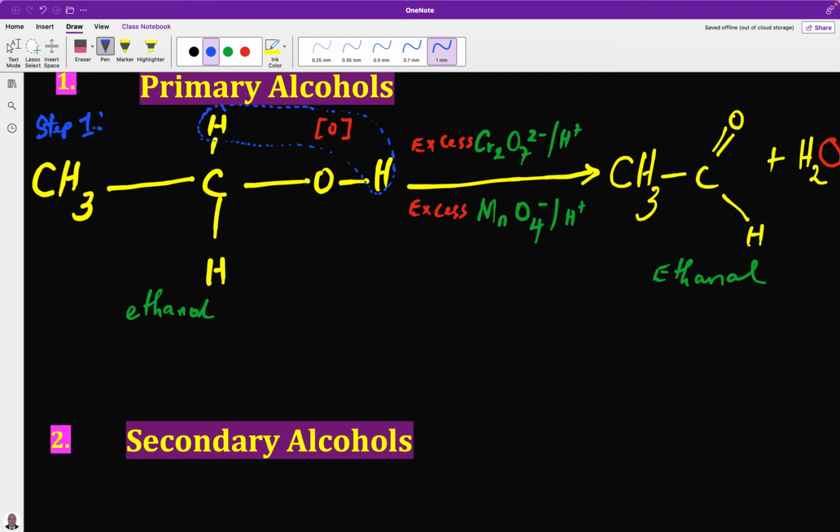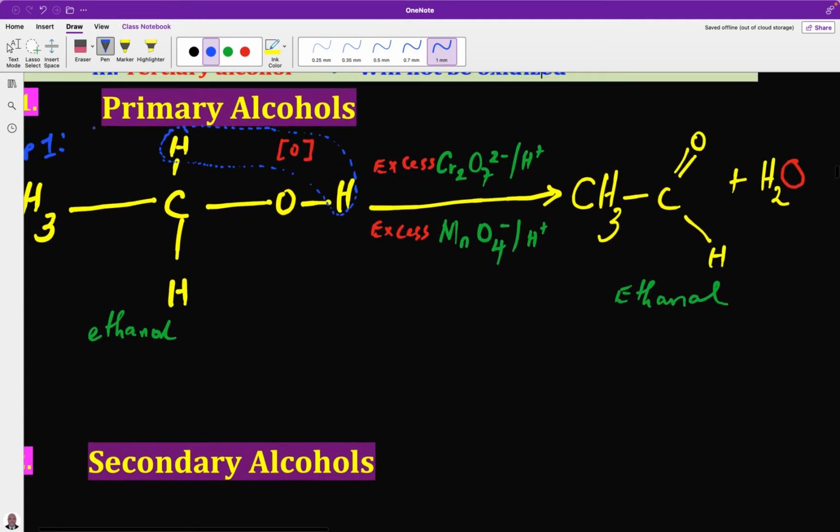If the alcohol is in excess, the product formed is distilled immediately. If you want to get the aldehyde, it must be distilled off immediately. Else, further oxidation will take place.